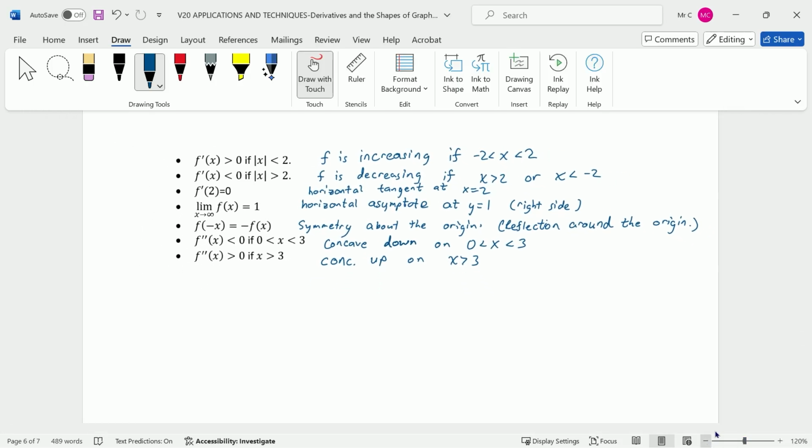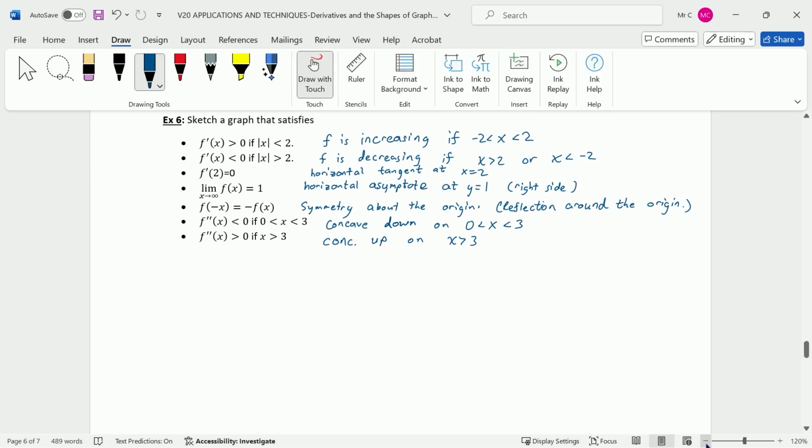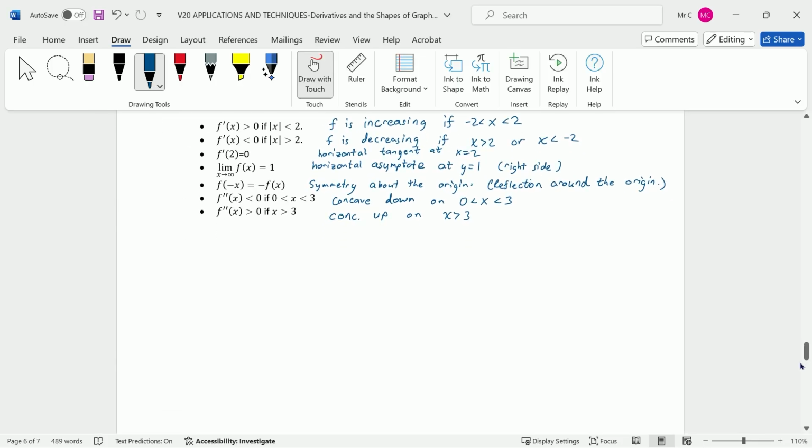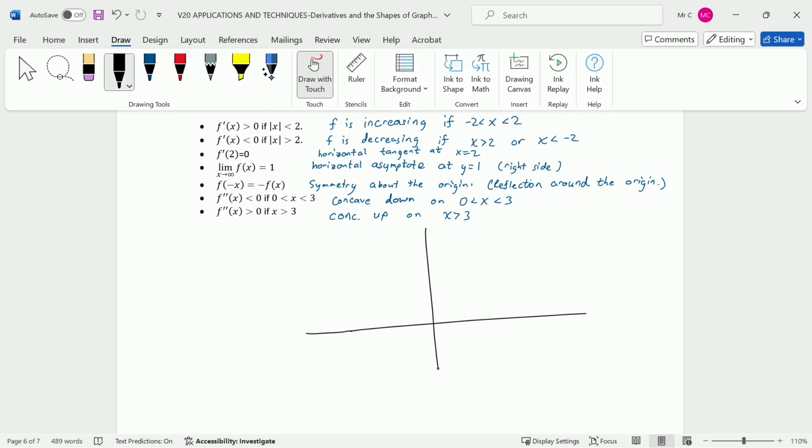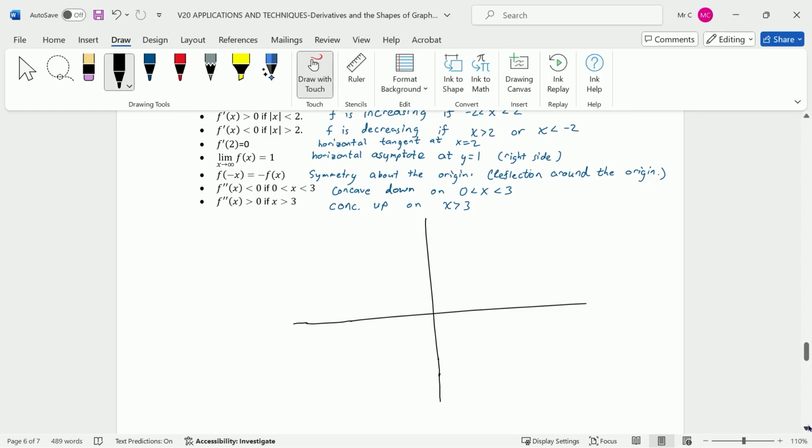All right, now to keep some of these things on screen, we'll zoom out a little bit while I start setting up the graph. Okay, so first I want to set up my markers for increasing and decreasing.